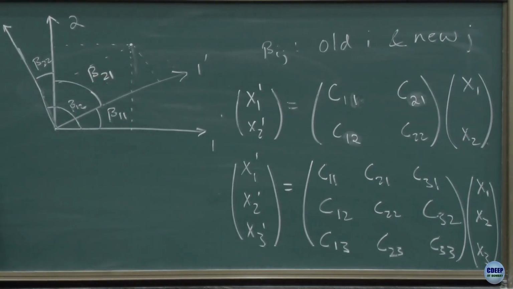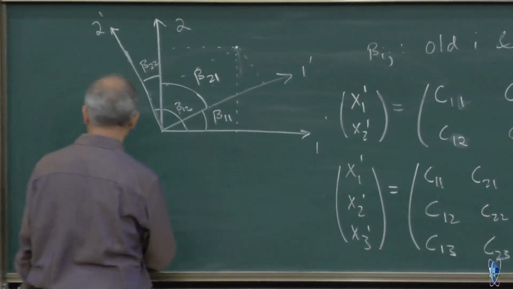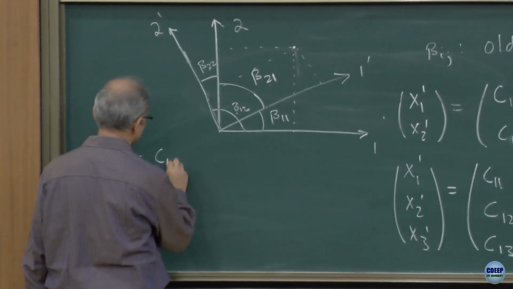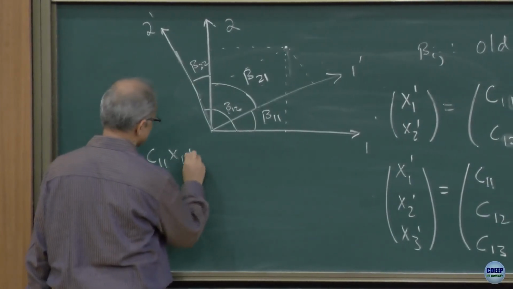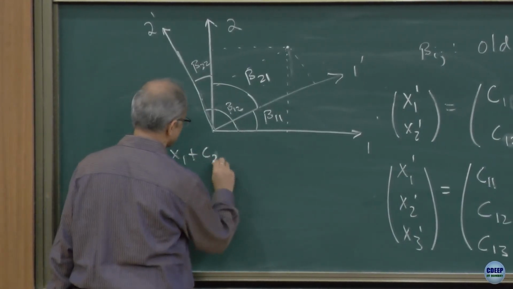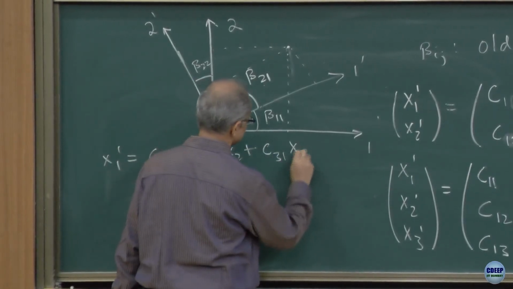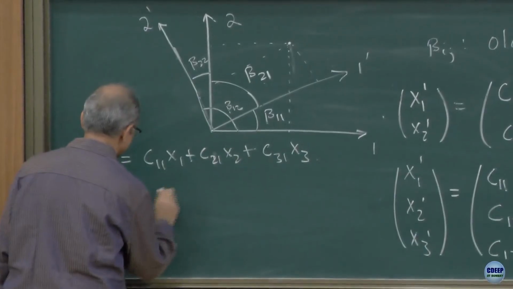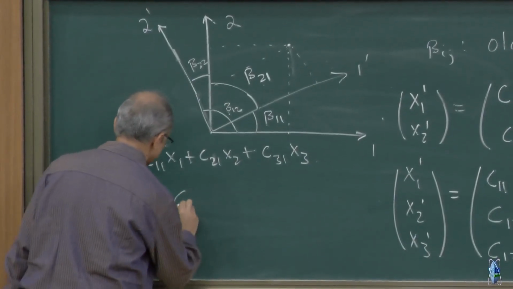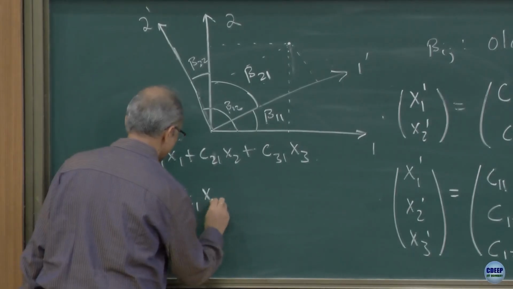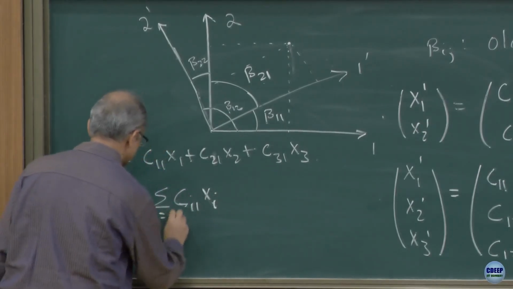So now from here, x1 prime is equal to C11 x1 plus C21 x2 plus C31 x3, which we can write using a summation, the sum of Ci1 xi, with i going from 1 to 3.